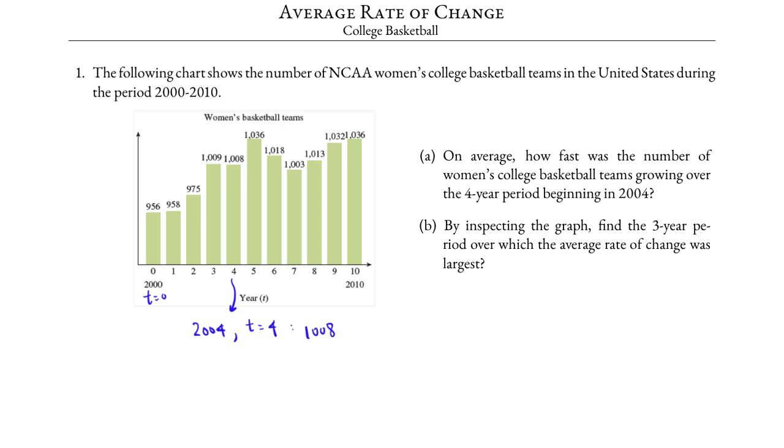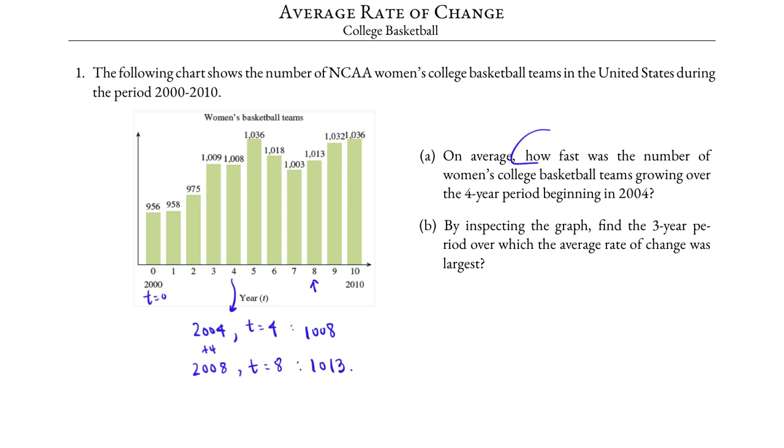For the 4-year period beginning in 2004, we head to 2008, so t equals 8. When t equals 8, the number of women's basketball teams is 1013.